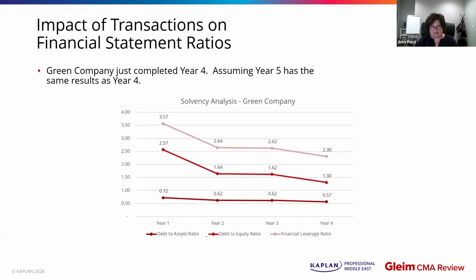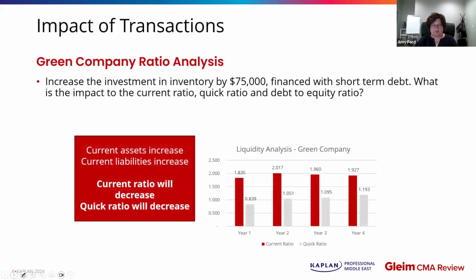We could look at the debt to assets ratio, debt to equity ratio, and financial leverage ratio, and see those relationships as well. But what I wanted to share with you is these two ideas. A CMA candidate needs to understand the analysis, okay? And so this is what a CMA question could look like.